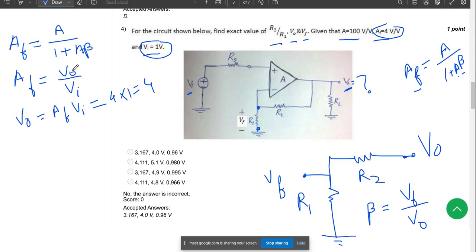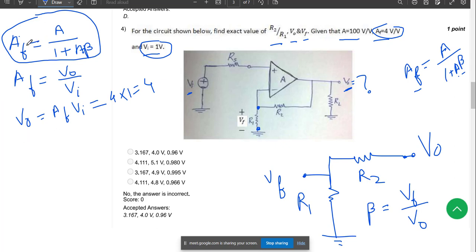Now from here, let's try to find out the value of beta. From this, we know the value of AF, we know the value of A. Can we find out the value of beta? It's simple arithmetic. We can get it, right?